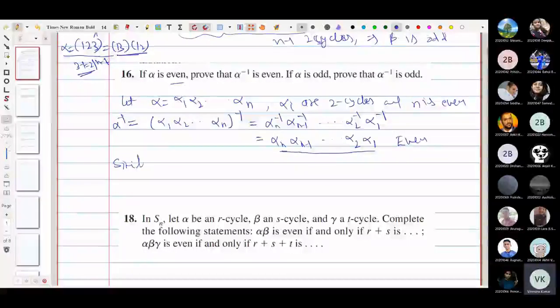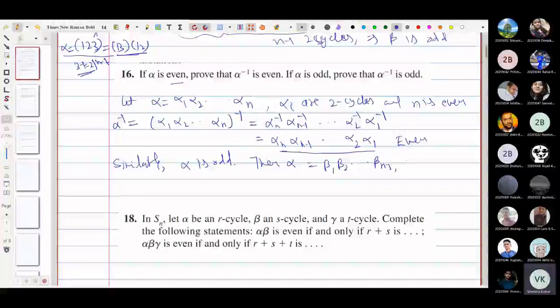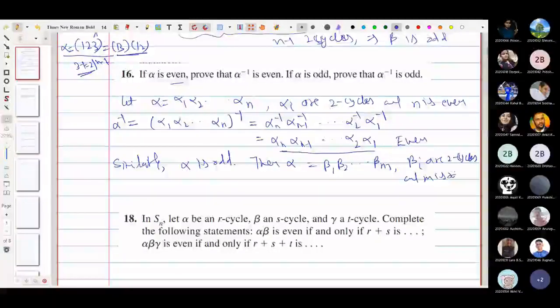Similarly, if alpha is odd, then we can write alpha as, for example, beta 1, beta 2 up to beta m, where the beta i are 2 cycles, and m is odd, because by assumption alpha is odd.